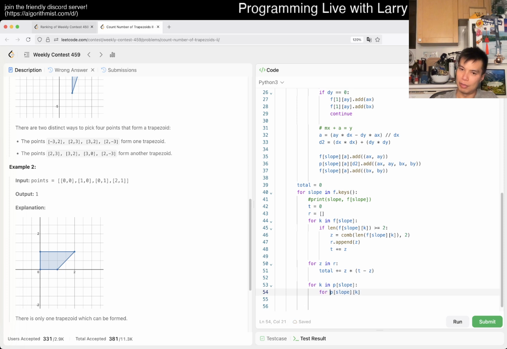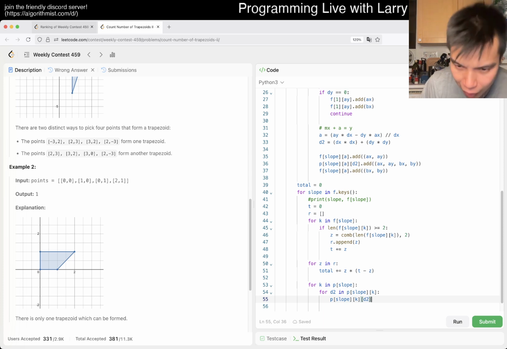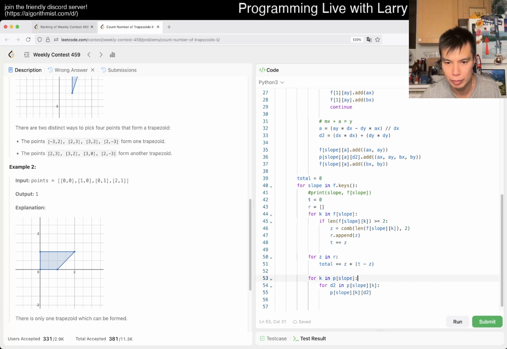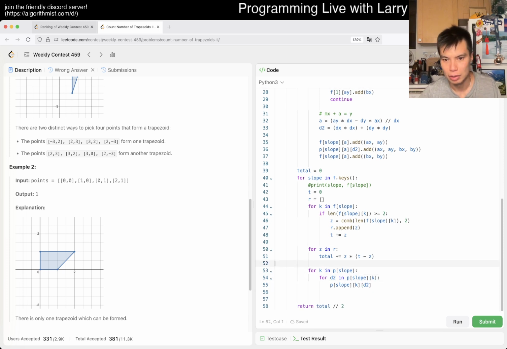And then now for D2 in this thing, we have... so then now we want to sum up the, do we want to sum up? No, I have to choose one of these. So it is sum up. No, I mean, yes, because sum up. Okay, fine. So then now we want to sum up, so for a given slope. Okay, for a given slope, we want to sum up the distance for, okay, yeah.